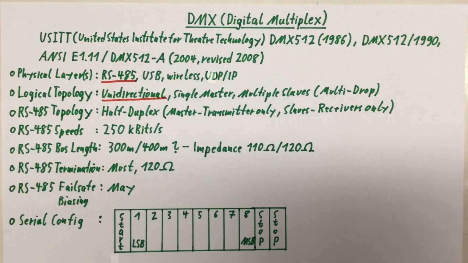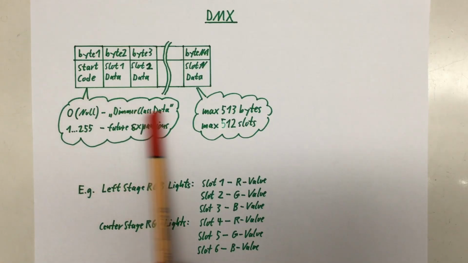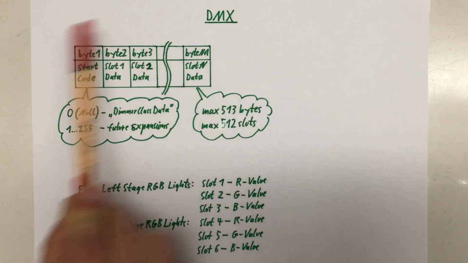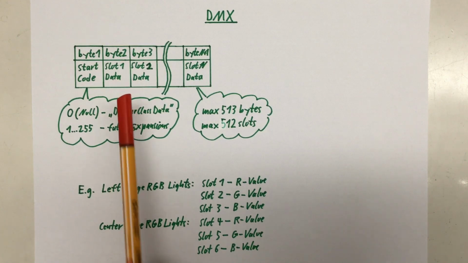Yeah. The serial configuration is 1 start bit, of course, then 8 data bits, first the least significant bit, last the most significant bit, and then 2 stop bits. DMX knows only one kind of message, called a package.